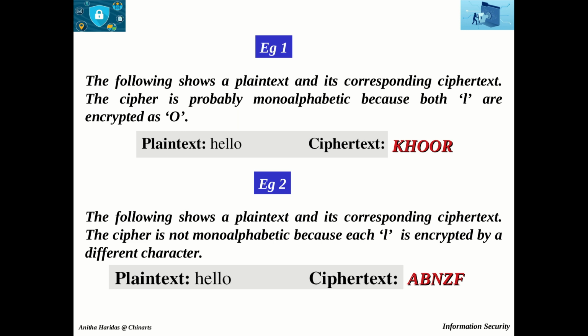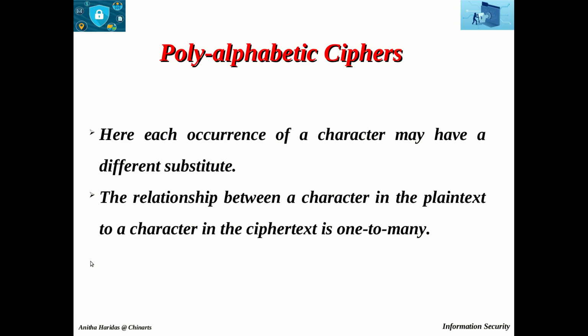So each occurrence of a character may have a different substitution. And here the relationship between a character in the plain text to a character in the cipher text is 1 to many, whereas for the monoalphabetic it is 1 to 1.